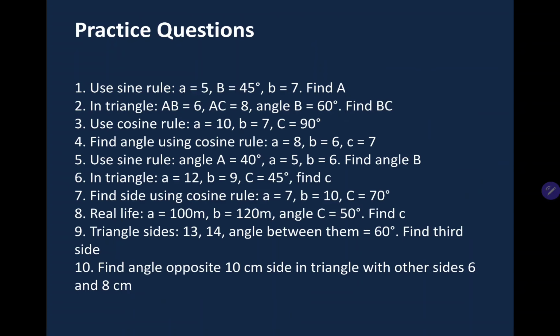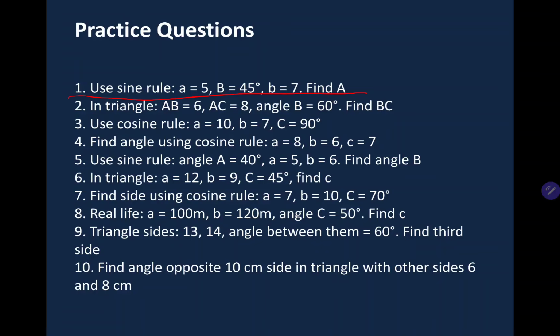So we have practice questions here for you. Okay, the first thing you do is to try to create the triangle by yourself. Once you succeed in creating the triangle, every other thing will work itself out. Create a triangle, determine what to use, if it's the sine rule or the cosine rule.